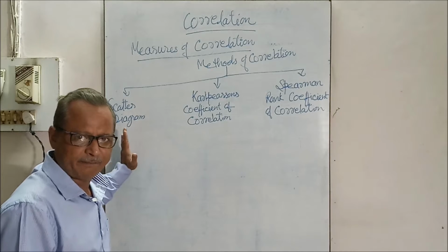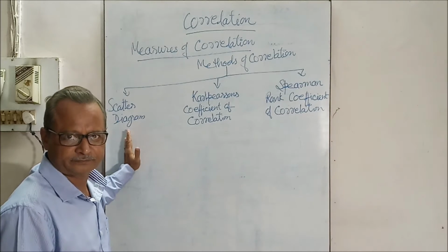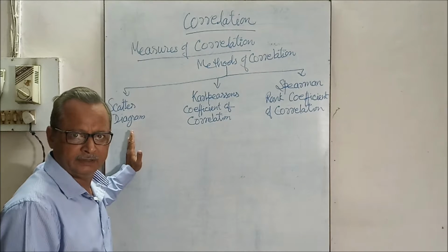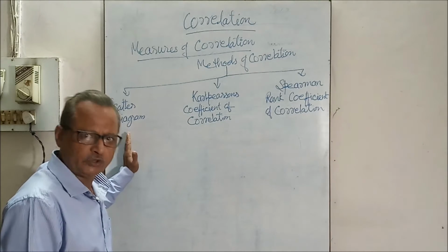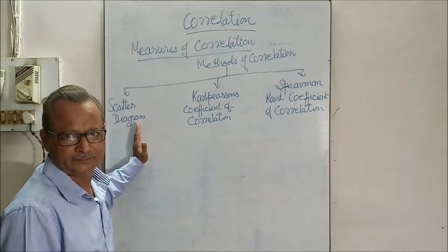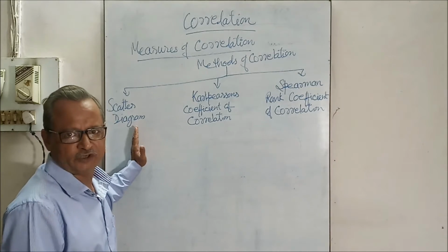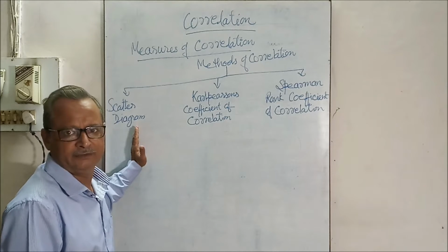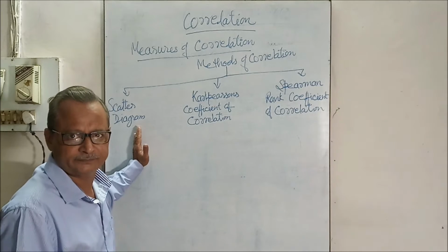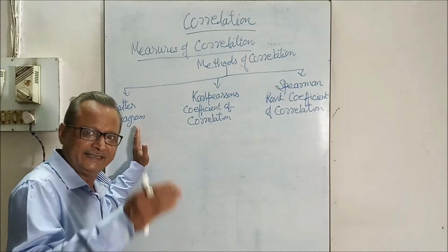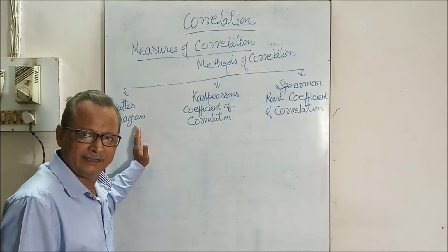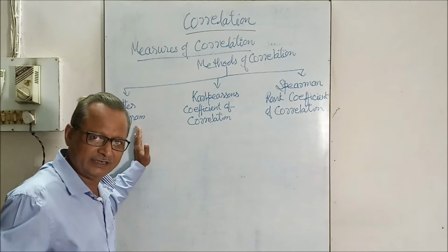It is a diagrammatic presentation of the correlation, either positive or negative. The values are plotted on a graph as dots, and if it is positively correlated, the dots go from left to right upwards. If it is negatively correlated, then it goes from left to right downwards.